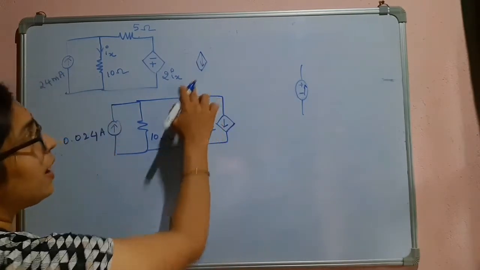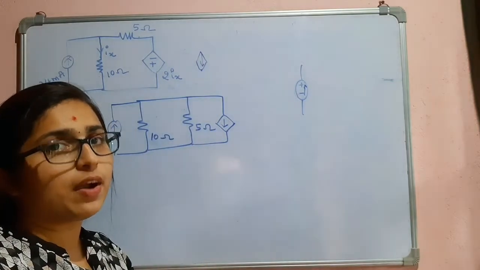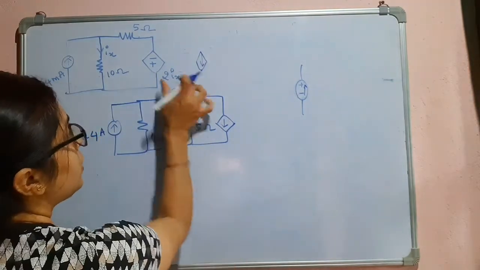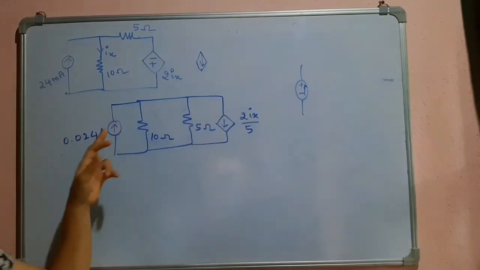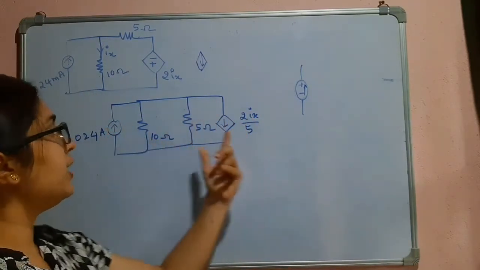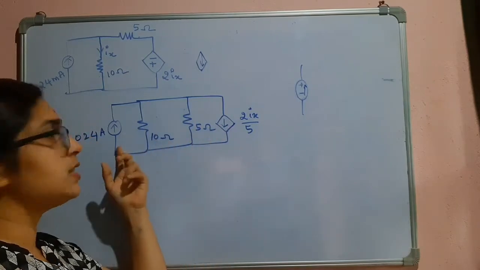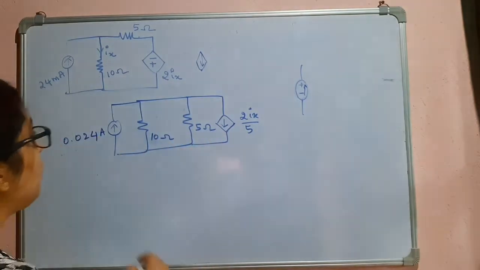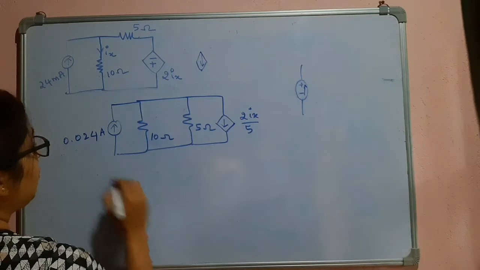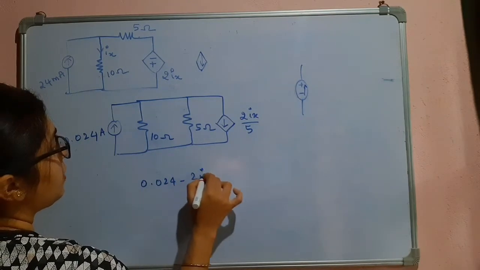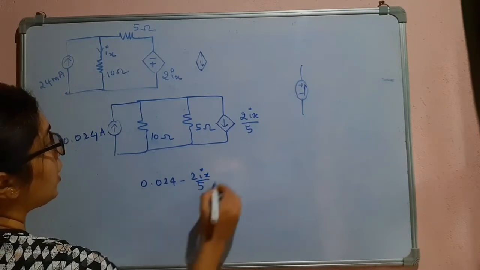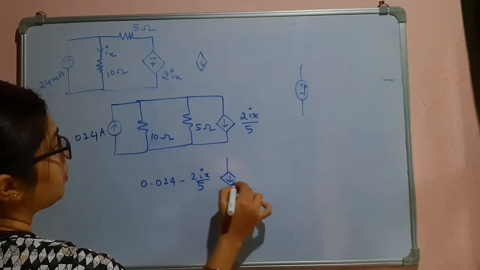The value will be voltage divided by resistance, so this is 2Ix divided by 5. Now these are the current sources, though one is dependent and one is independent, so I will write an equivalent: 0.024 minus 2Ix divided by 5.